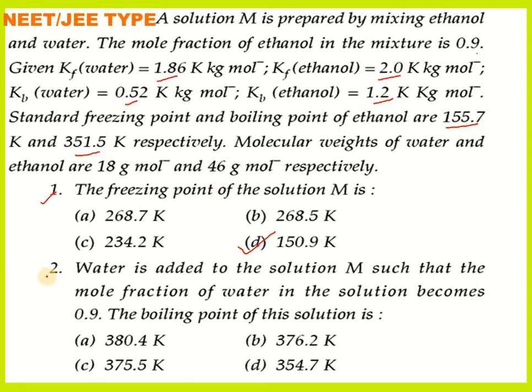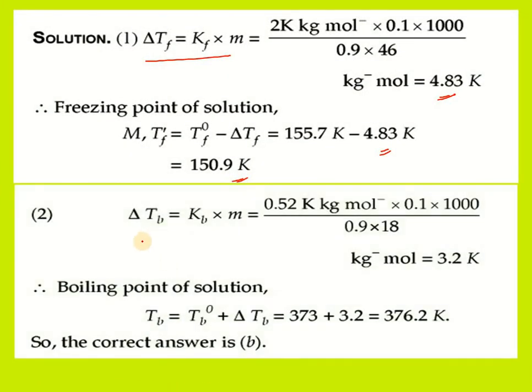See the second question. Water is added to the solution M such that the mole fraction of water in the solution becomes 0.9. So what is the boiling point of the solution? After adding water, this is the boiling point we have to calculate. The Kb value is already given in the problem as 0.52.